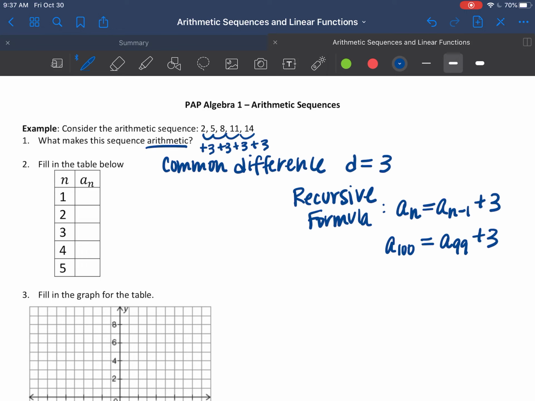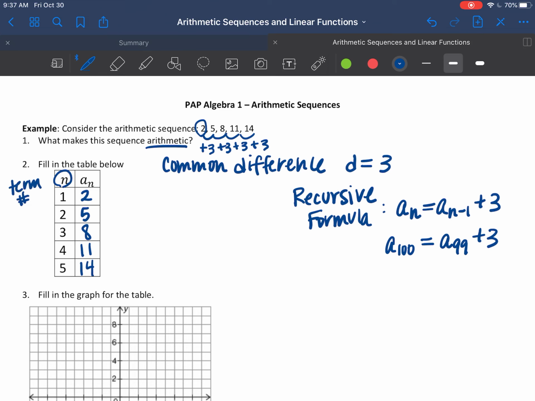That's the recursive formula. And so to fill in this table below, for the first term, when n is 1, a sub n would be 2. For our second term, we'd have a 5. Our third term, we'd have an 8. Fourth term would be 11. Fifth term would be 14.